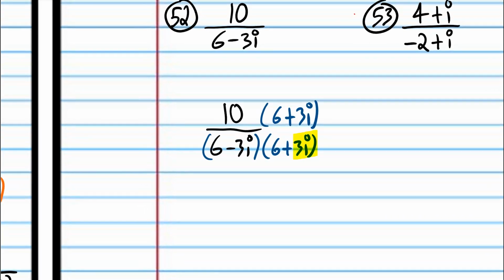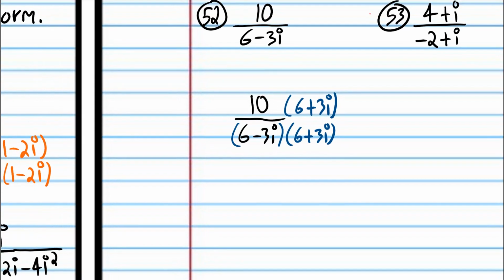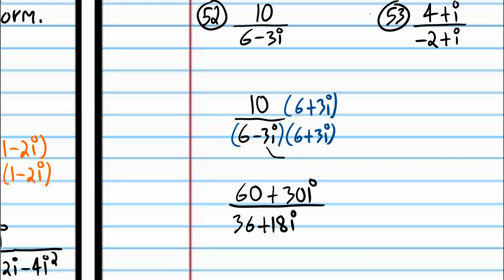So again, we're multiplying by the conjugate complex number. So using distribution in the numerator, we get 60 plus 30i over 36. 6 times 6 is 36. 6 times 3i is 18i. Negative 3i times 6 is negative 18i. And negative 3i times 3i is negative 9i squared.